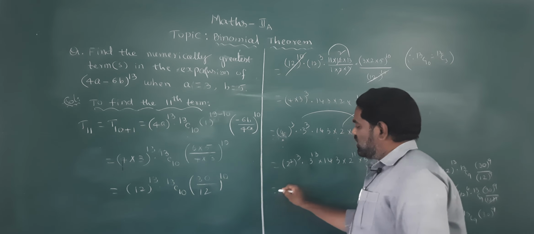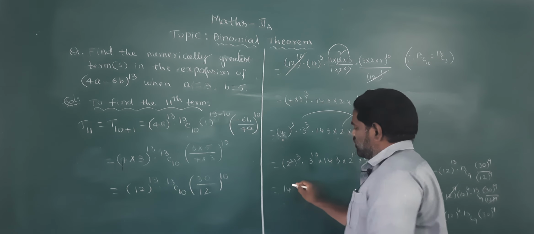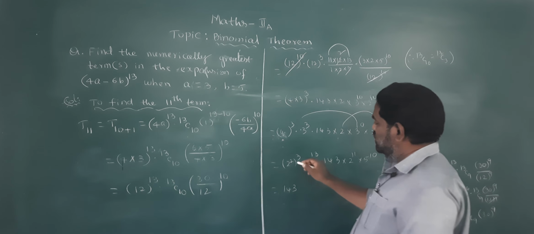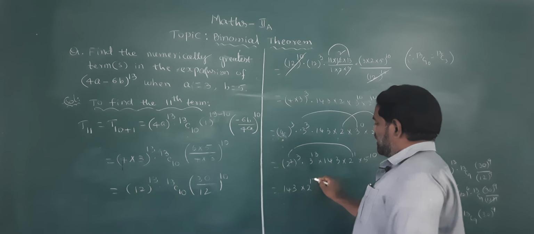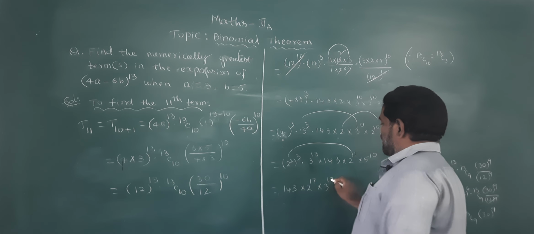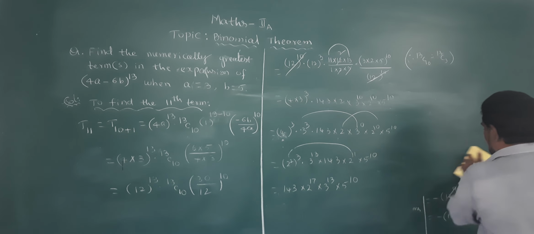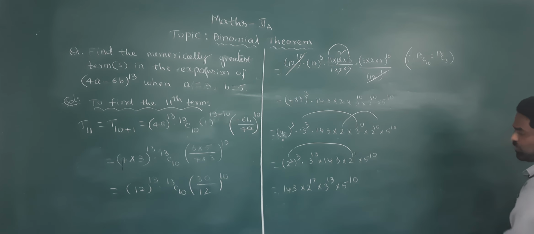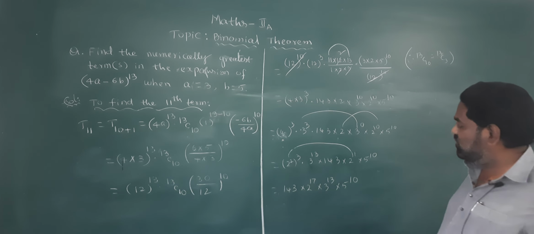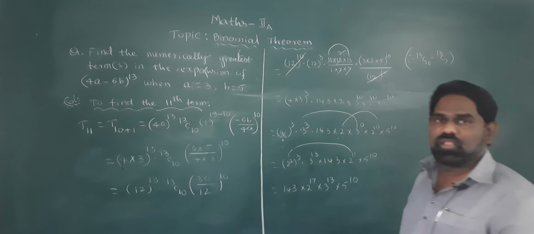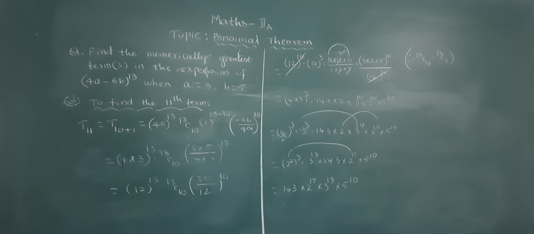It can be written as 143 into 2 power 6, 2 power 11, 2 power 17, 3 power 13 into 5 power 10. Understand? This can be simplified as 143 into 2 power 7 into 3 power 13 into 5 power 10. This is our required result of the 11th term.